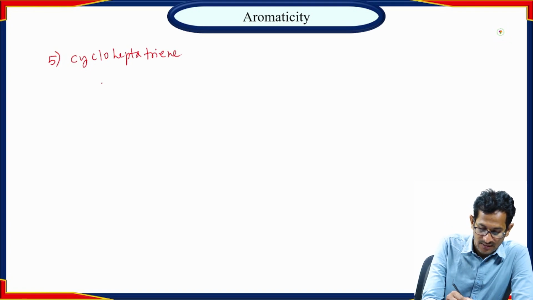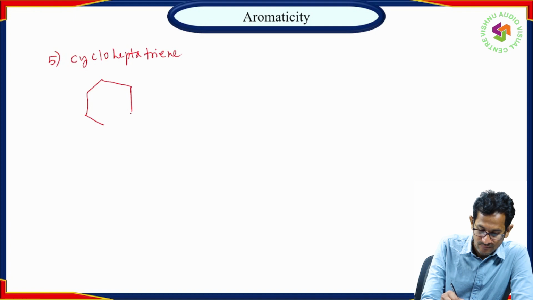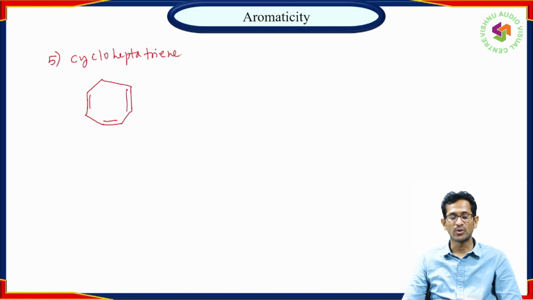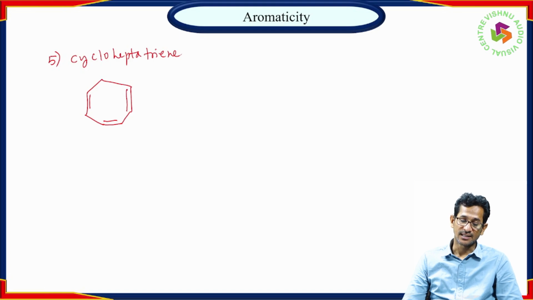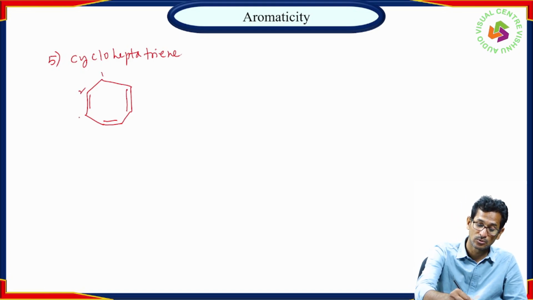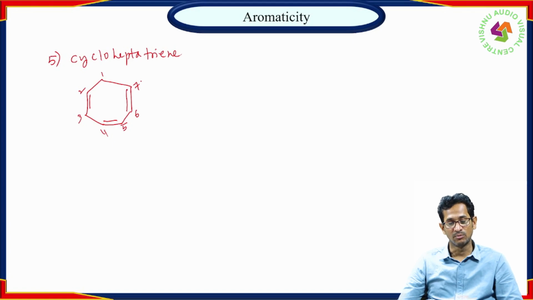Right? The structure will be like this. So this is the structure of the cycloheptatriene. Cyclic structure with 7 carbons, 1, 2, 3, 4, 5, 6, 7 and 3 double bonds.